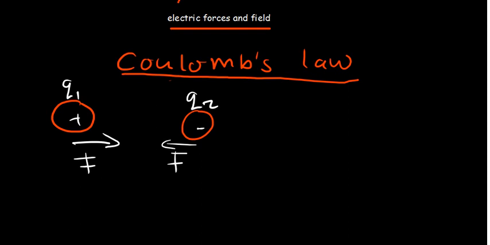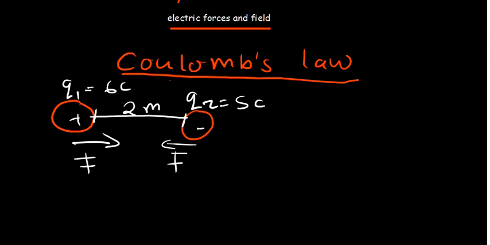We are going to experience a distance from here to there, and let's say our R is 2 meters, our Q1 is maybe 5 coulomb, and this one, Q2, is maybe 6 coulomb.